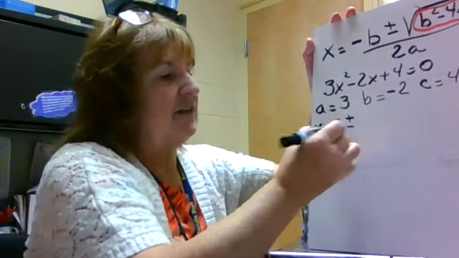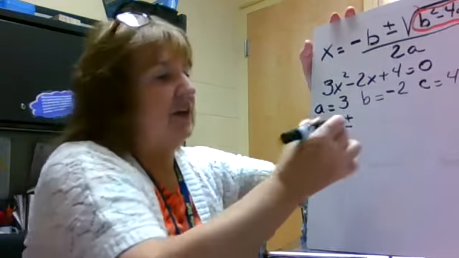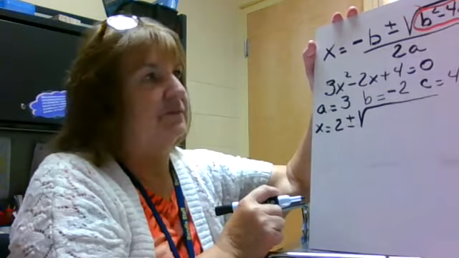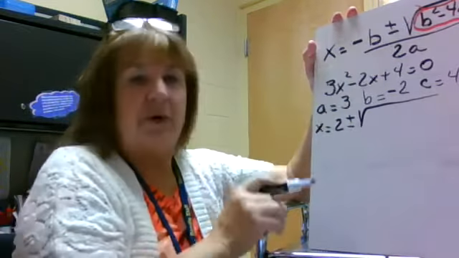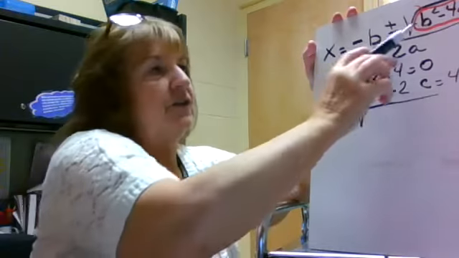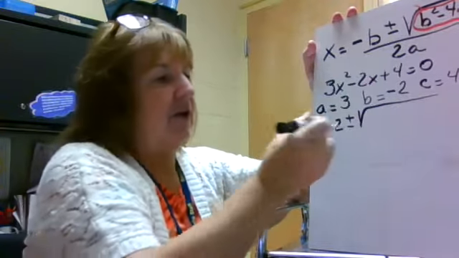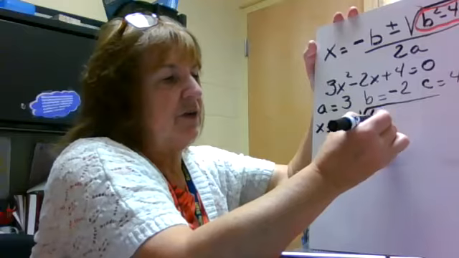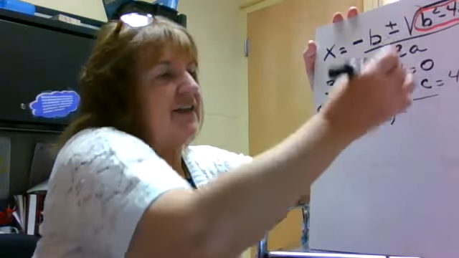Plus and minus, continue to write, square root. Now underneath is where we're going to use the parentheses. So the first thing we have is the b number. So we take the parenthesis, the b number is -2, and then it says to square it.